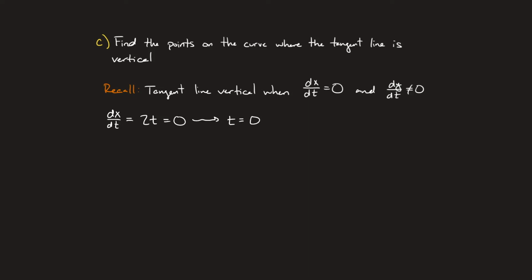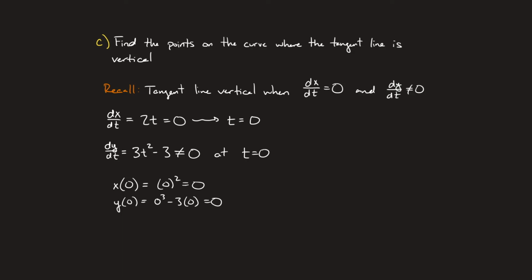As a check, we plug t equals 0 into dy/dt and make sure we get something that's not 0, which turns out to be the case. So the curve has a vertical tangent line when t is equal to 0. Plugging in t equals 0 into our parametric equations, we find that this corresponds to the point (0, 0).